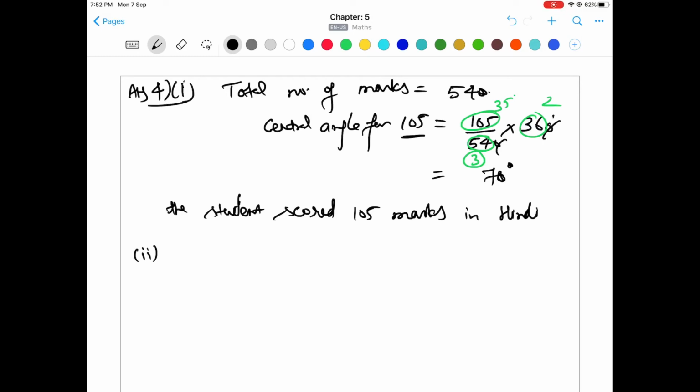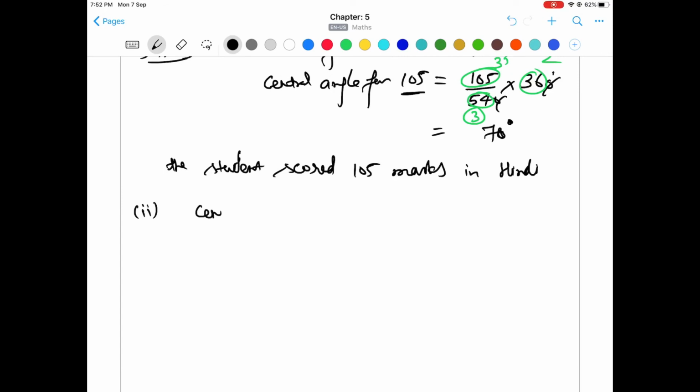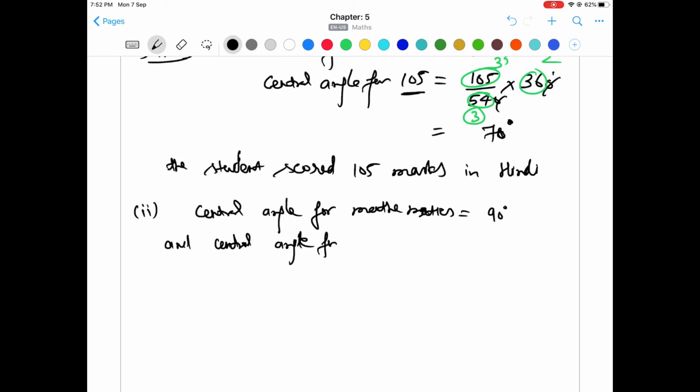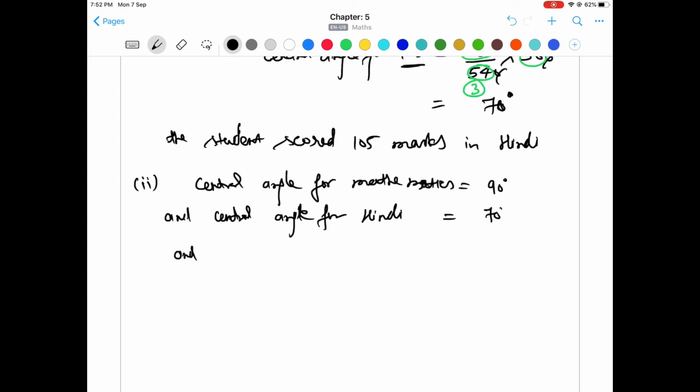Here the central angle for mathematics is 90 degree, and central angle for Hindi is 70 degree, and the difference is 90 degree minus 70 degree will result into 20 degree.